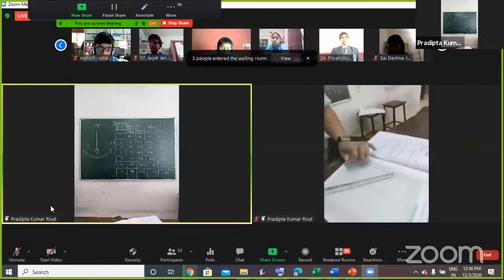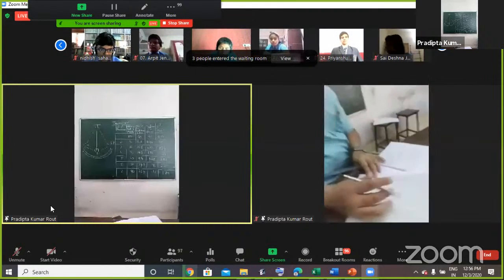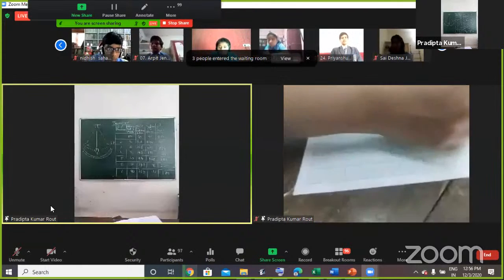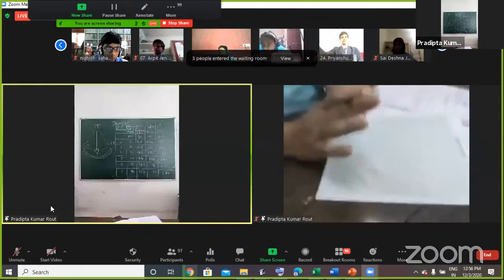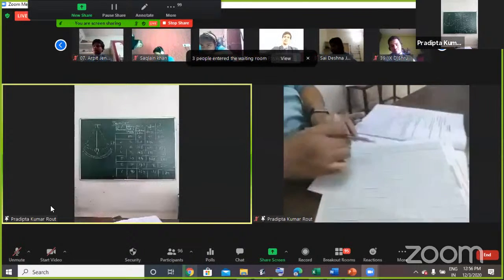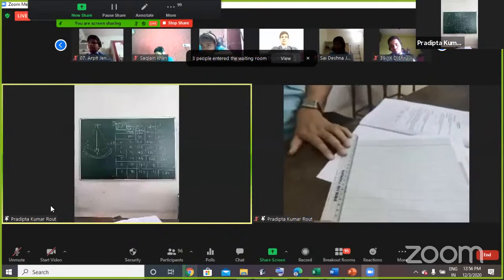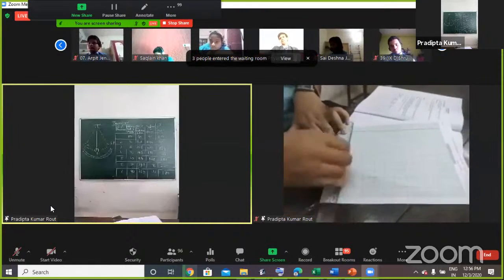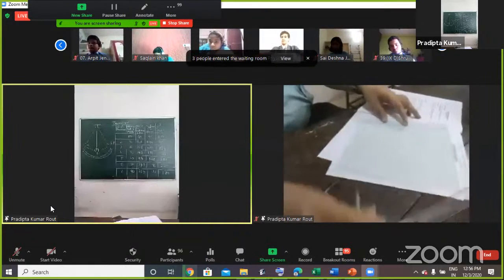Select the y-axis. Generally when you plot a graph, you draw the x-axis and y-axis in the middle. Here you will take the x-axis and y-axis at the extreme ends like this. This is how you will take the axis.